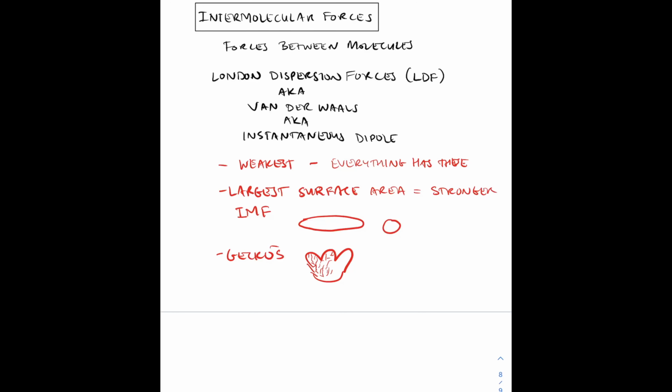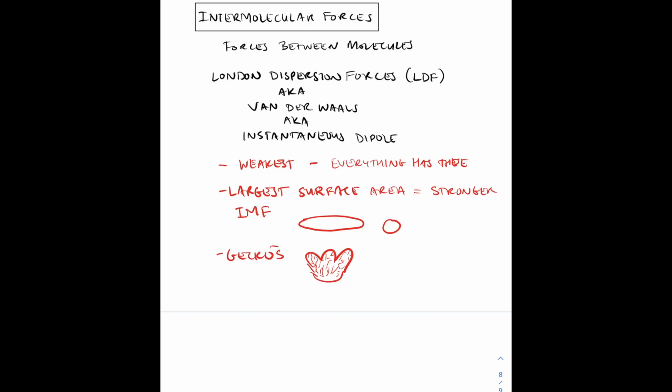The reason why these are important is because it creates a lot of surface area, right? And so this is going to allow for a greater number of intermolecular forces, specifically London dispersion forces, and that's what allows them to stick to everything.